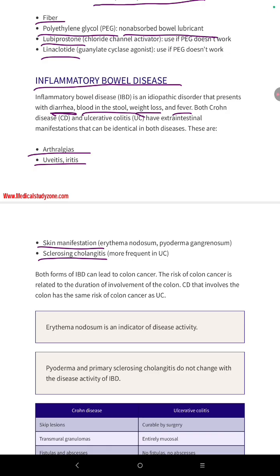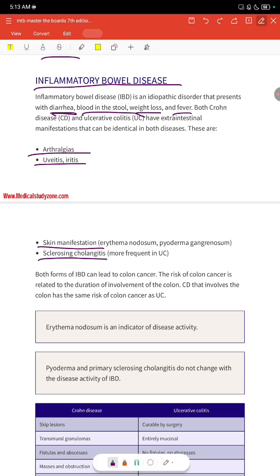So, inflammatory bowel disease is an idiopathic disorder that presents with diarrhea, blood in the stool, weight loss, and fever. Both Crohn's disease and ulcerative colitis have extra-intestinal manifestations that can be identical in both diseases.